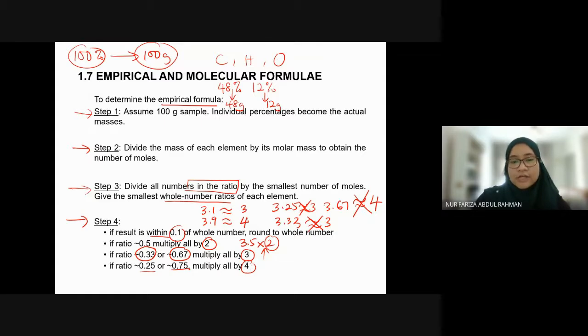So these are the factors that you need to remember. If for 0.33 we multiply with 4, then we wouldn't be able to get the closest whole number. That's why we need to multiply with 3. That's the reason how this factor came about.